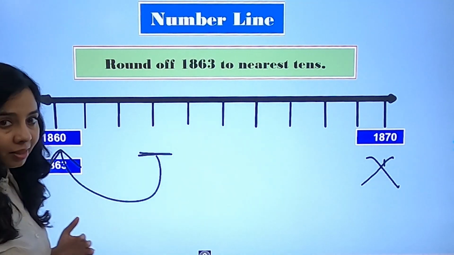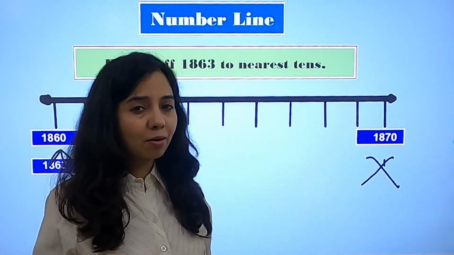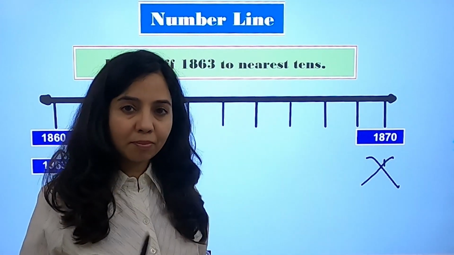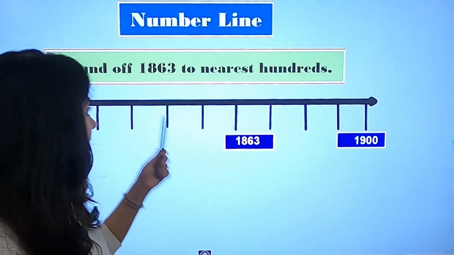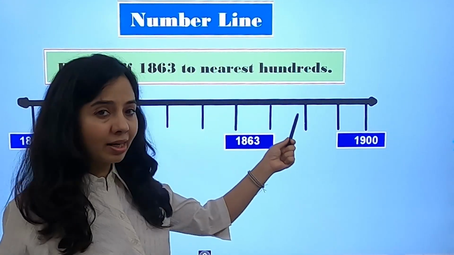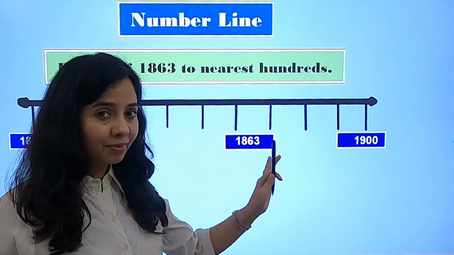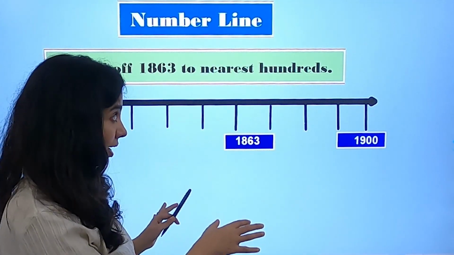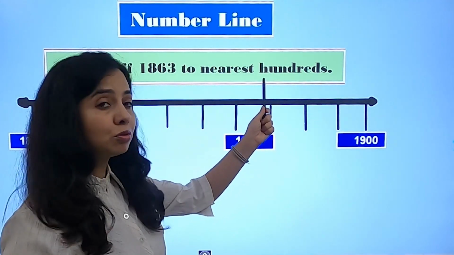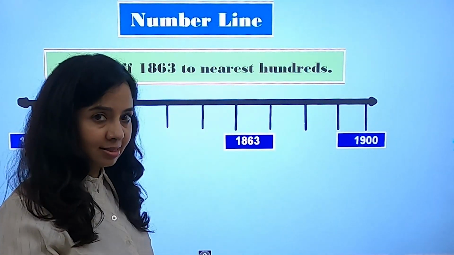But there are many or several methods by which we can round off. So let's see another. The same number when rounded off to nearest 100. This time we'll put it in the number line, but between the two hundreds it lies.